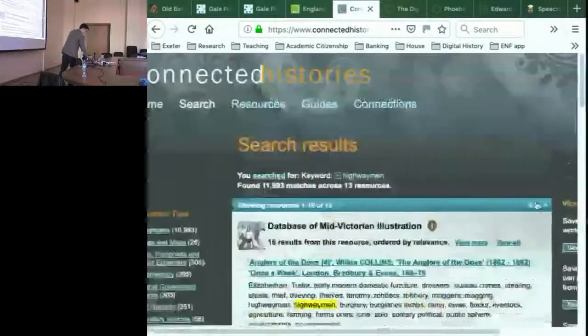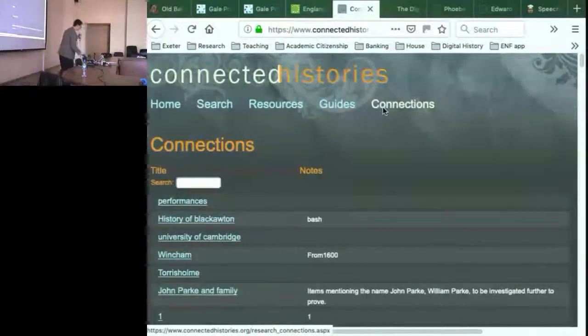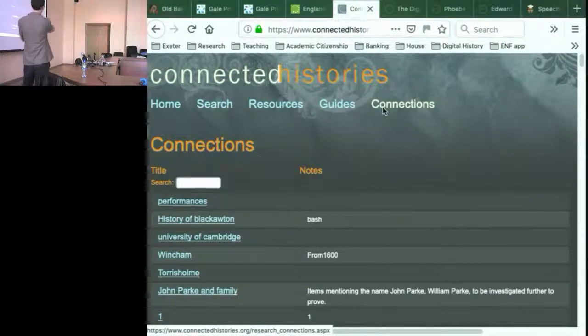And one of the ways they hoped that crowdsourced history would take place was through this connections section. This is essentially where users of the website can put up the searches that they've done and the records that they've found. So I could, for example, put up my searches for highwaymen and all those sets of records that I found in relation to that.